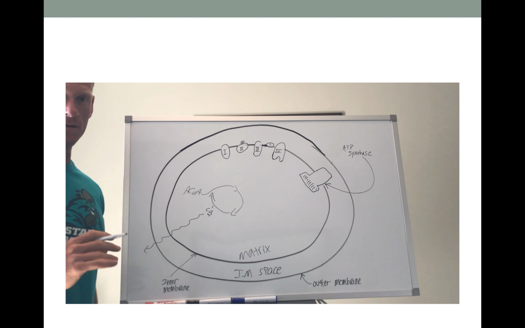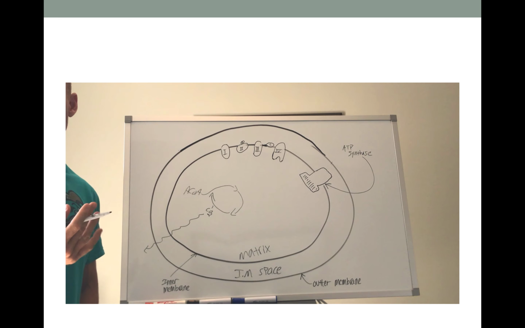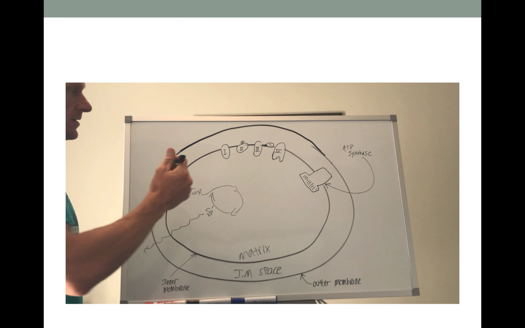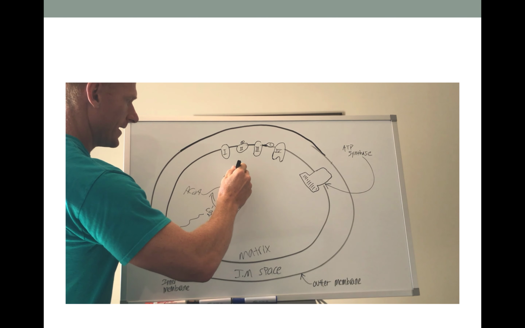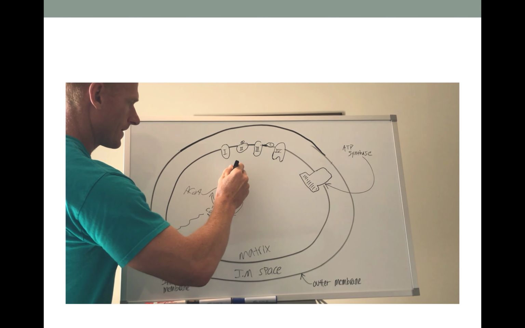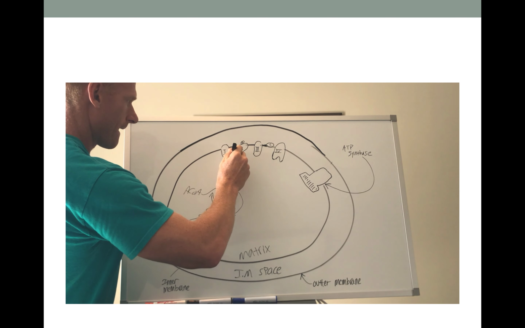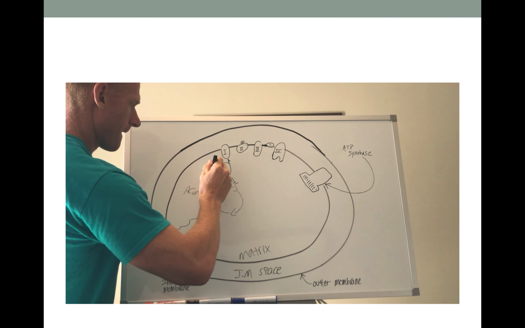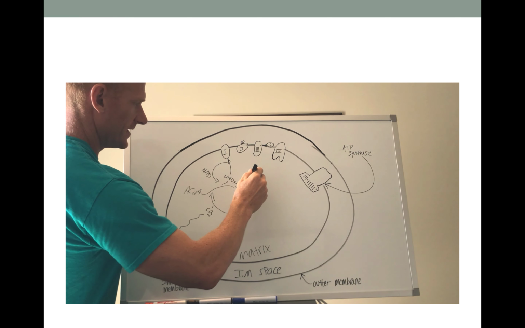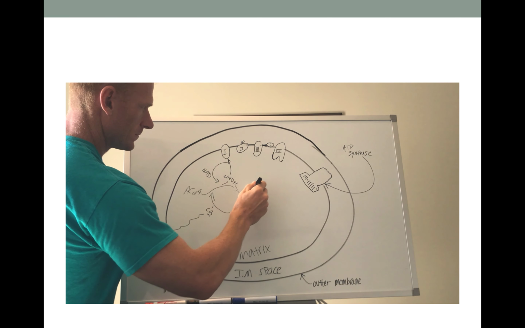Within the Krebs cycle, we produce hydrogens and electrons. Those hydrogens and electrons are carried by NADH and FADH.